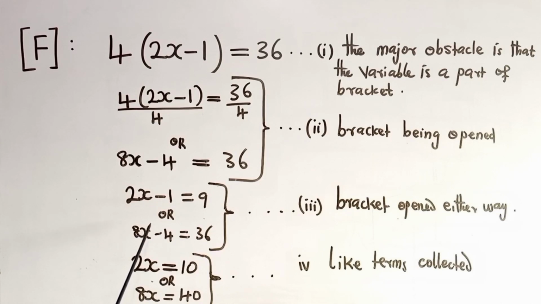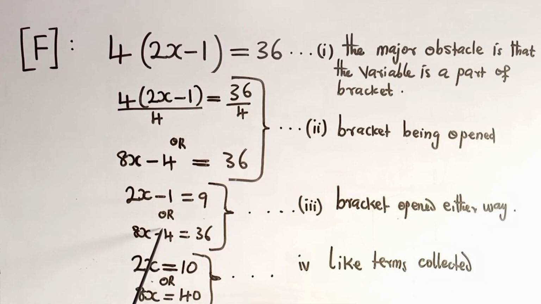Next, what about this 8x minus 4 is equal to 36? You see, the same thing happened here. 8x doesn't have a like term, so it is brought forward like the other 2x in the former equation. And now, minus 4 and 36 are like terms. What did I do here?